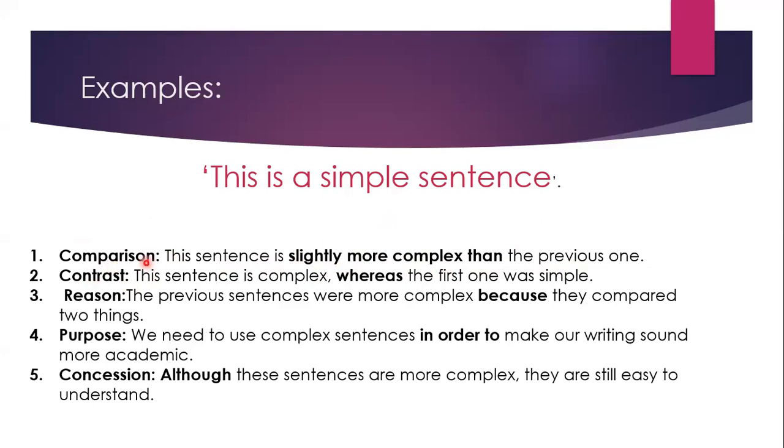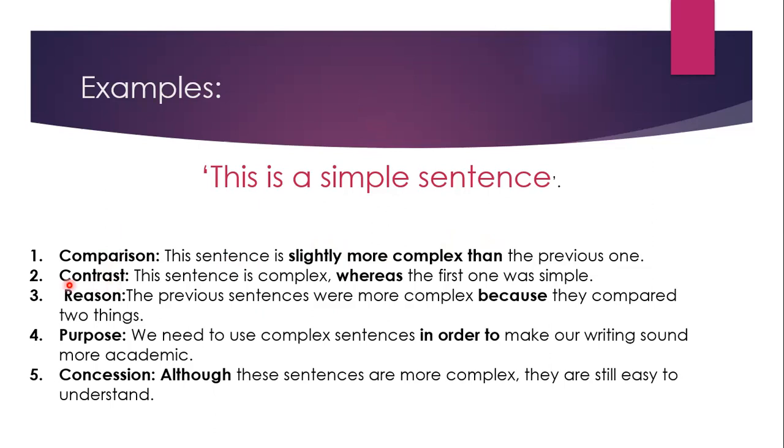When you compare two things, the sentence eventually becomes complex. It doesn't sound complex, but it becomes complex. This is a simple sentence, right? We understood. Then here we did a comparison with the previous sentence.